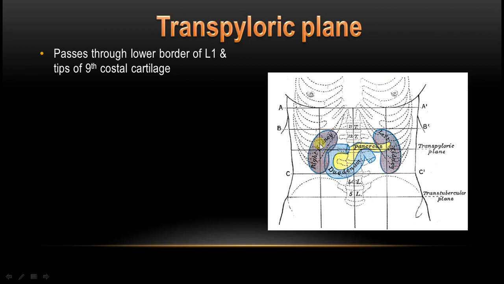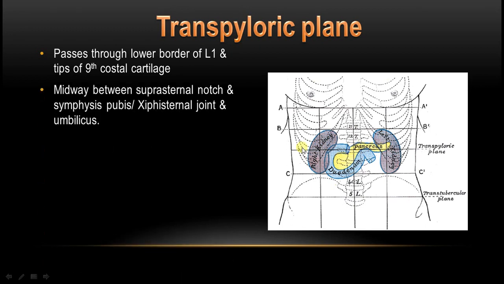So it is at that place, again very important for the position of the gallbladder. So the transpyloric plane, at L1, the first lumbar vertebra, has many structures lying along this plane. One is the pylorus of the stomach. Then you have the hilum of both the kidneys.